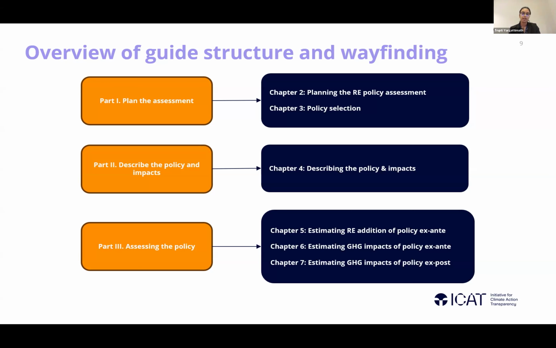And finally, in part three, we have presented the core of the methodology, which includes steps to estimate the addition of renewable energy, GHG impacts for both ex ante and ex post assessments, how to estimate the cost of policy implementation, etc. So basically, this guide can be used at various stages of the policy cycle, and we will take a look at a few of the highlights in the following slides.